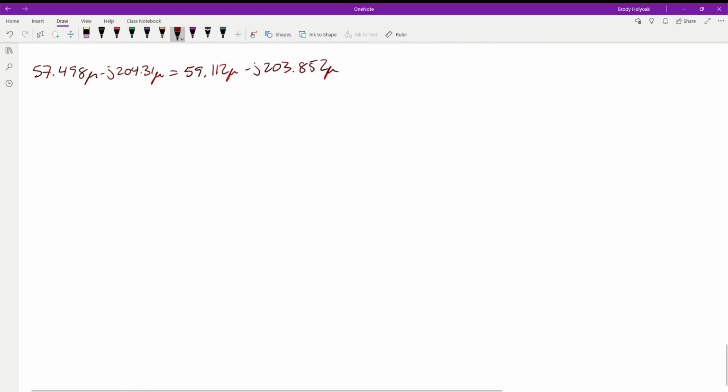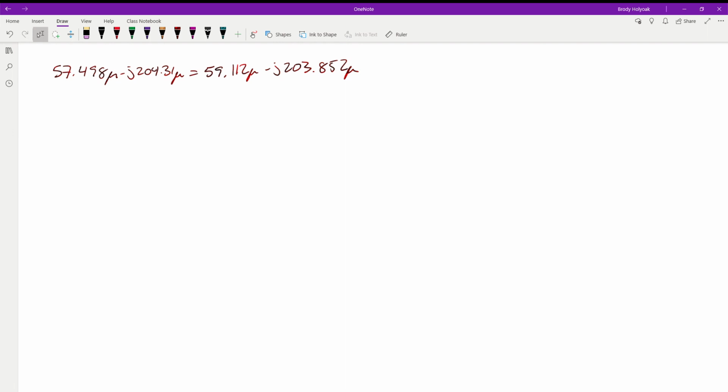Now with this, like I said, this is going to be close enough. 57 microamps versus 59 micro in the real, that's within our 5% easily. The 204.3 micro versus 203.48, that's definitely well within it. The only question I would have is maybe the 59 to the 57, but we're still only 2 microamps different. 10% of 57 is 5.7. 5% is 2.85 microamps.